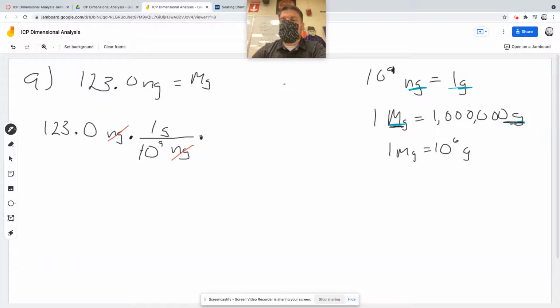Does megagrams or grams go on the bottom of my next fraction? Grams. Why'd you say grams? No, you're right. Was it like I got a 50-50 shot? Yeah. Okay. The reason is I put grams on the bottom because I have grams here and I want grams down here. When I have that, I can cross cancel.